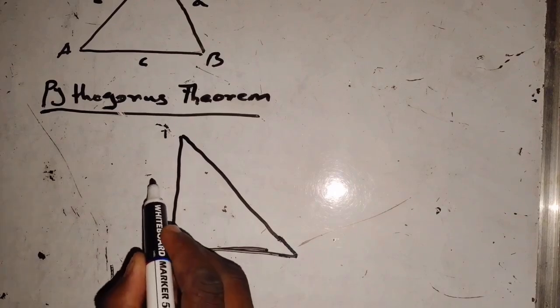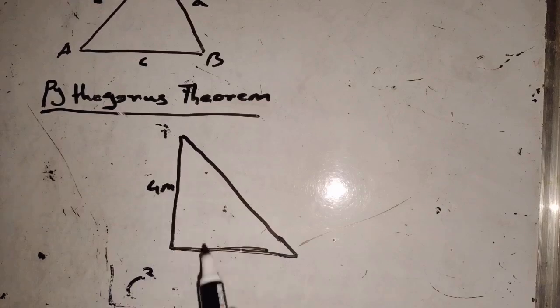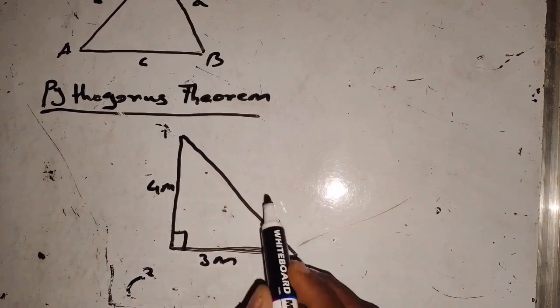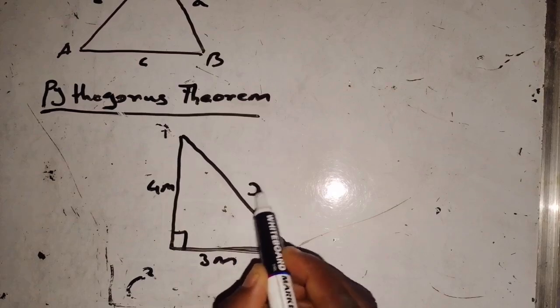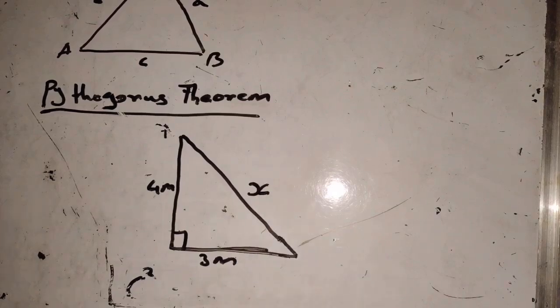Here we have 4 meters, here 3 meters, and here we have 90 degrees, which means this triangle is a right angled triangle. Here we have x. In our example, we are asked to find the value of x.